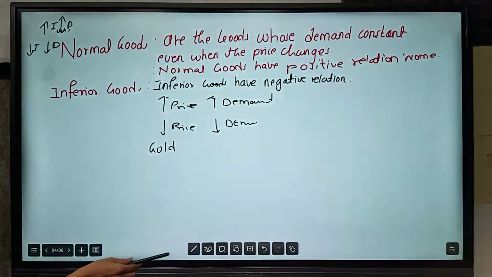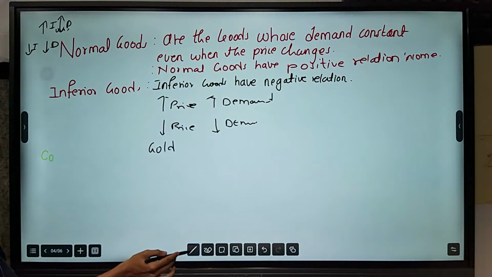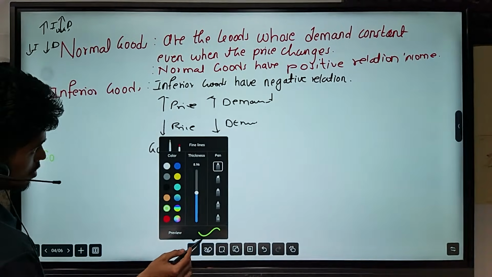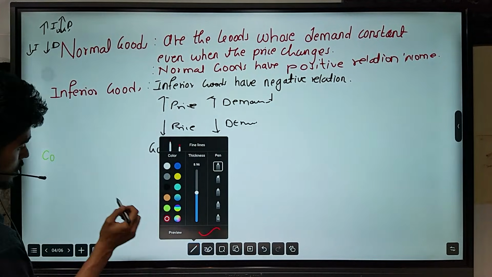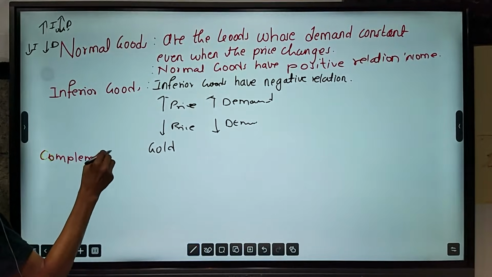Now there are some other things also appearing, that is complementary goods.